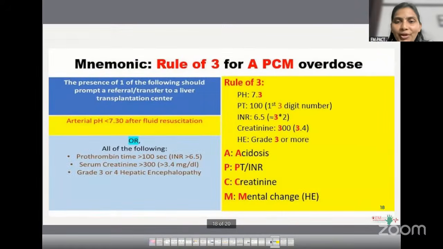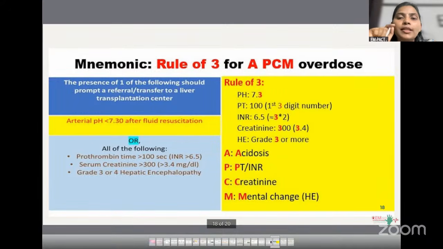I will give you a mnemonic to remember this. Okay, it's the rule of 3 for a PCM overdose. Here, APCM: A means acidosis, P means prothrombin time or INR, C means creatinine, M means mental status. So the rule of 3 is that the pH is less than 7.3. Okay, or prothrombin time is more than 100. 100 is the first 3-digit number.